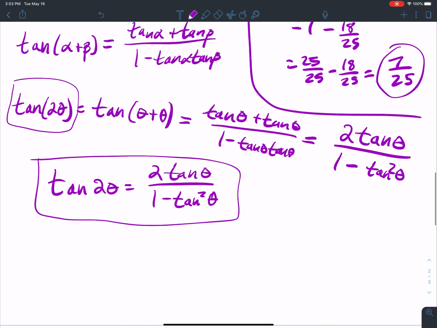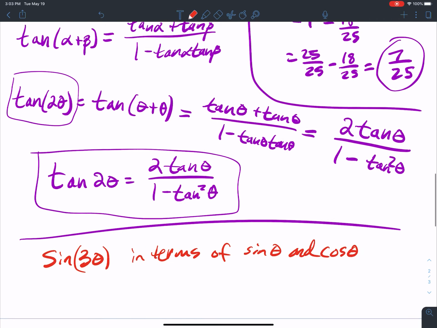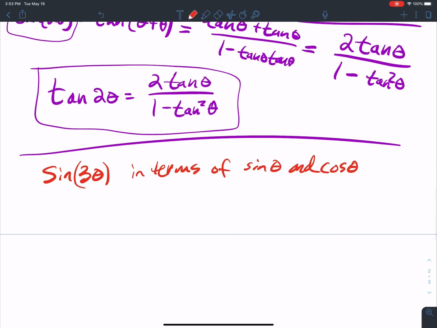Now, let's develop a formula for sine of 3 theta, in terms of sine theta and cosine theta. So how would I do this?